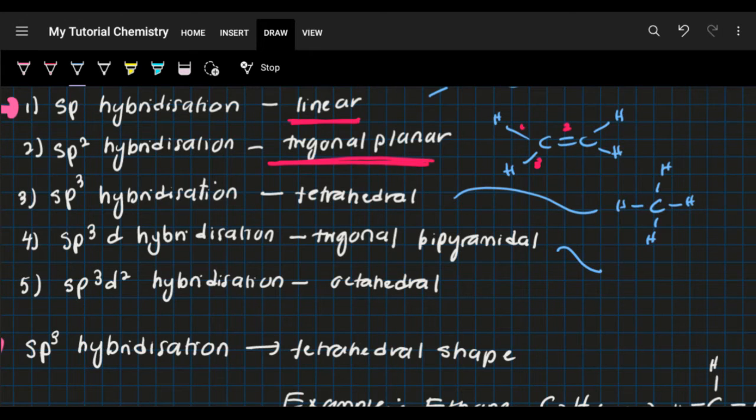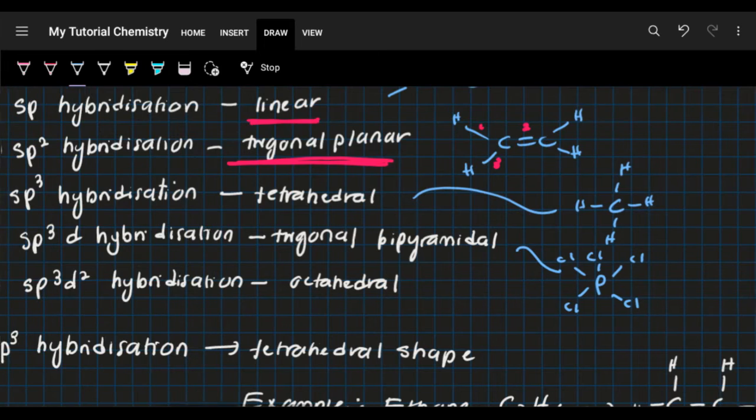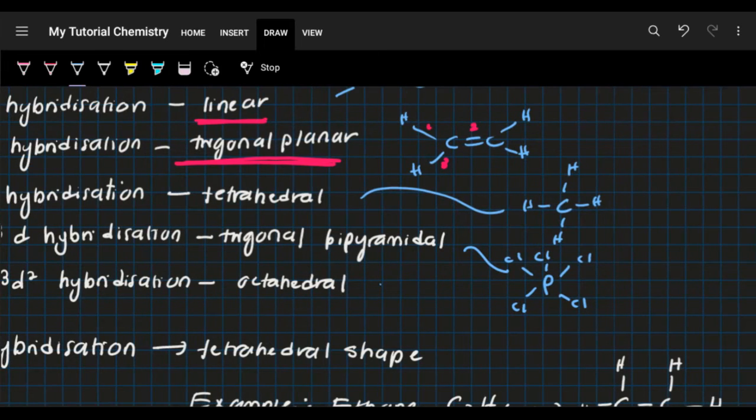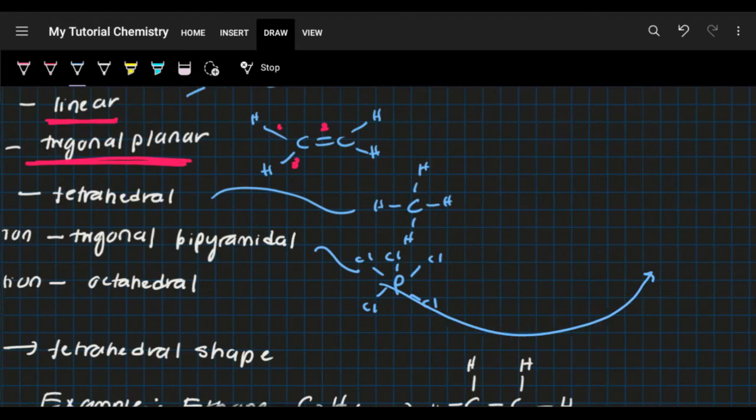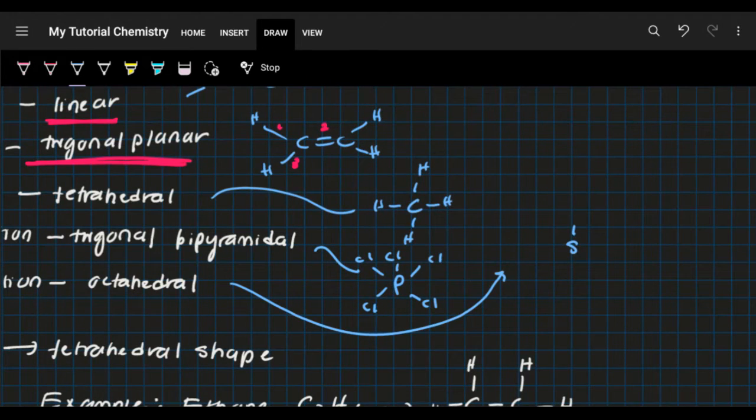Example, phosphorus pentachloride. And sp3d2 hybridization, when the central atom is octahedral, usually phosphorus or sulfur.